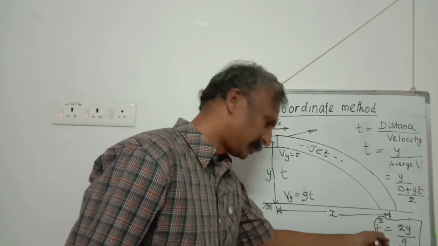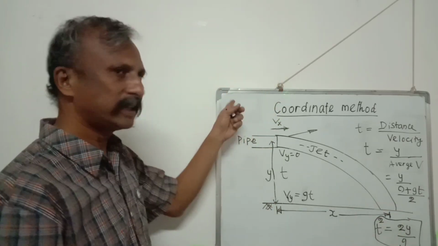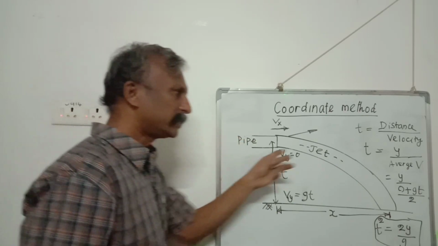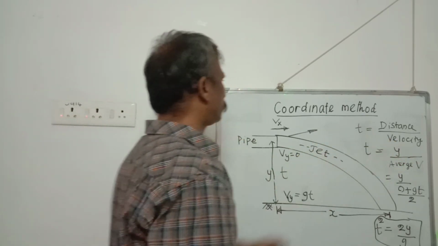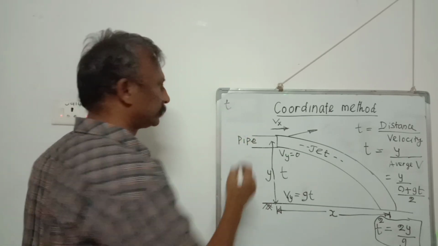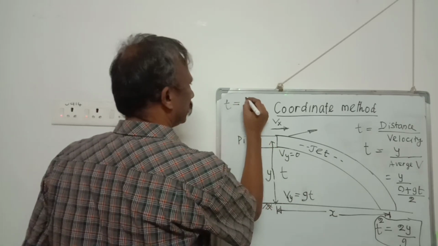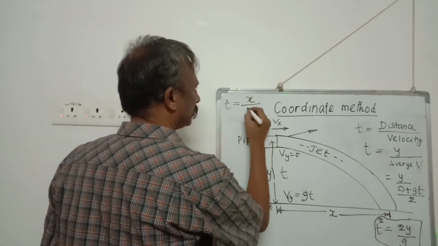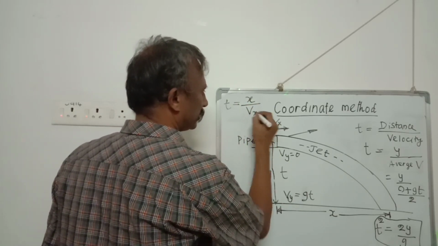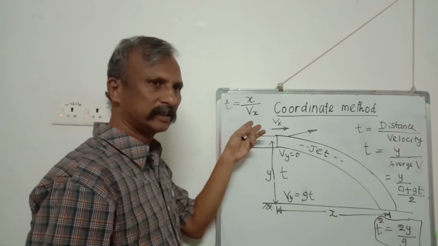For this same time t, we will also express another relationship in terms of the horizontal distance of throw. In the same time t, the horizontal distance of throw is x and the velocity is Vx. In this case, the velocity remains constant.